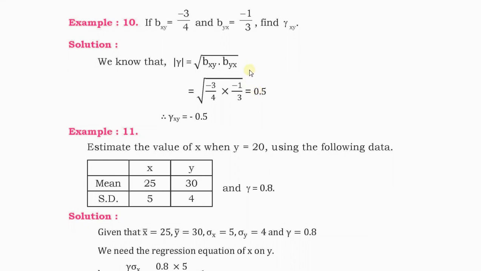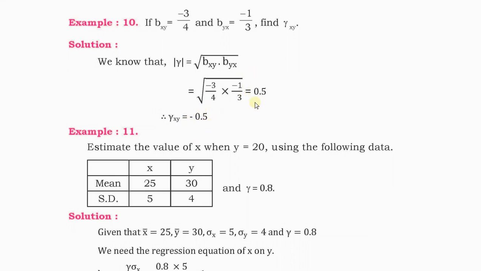in the previous points we explained that if the correlation between the two variables is negative, then both the regression coefficients will also be negative. We see here that both the regression coefficients are negative, so the final answer should be a negative answer. Hence they have taken the absolute value for the calculation, and when you calculate they will be positive numbers only, but since both of them are negative, that means the correlation is negative here, so we write the final answer as a negative number.